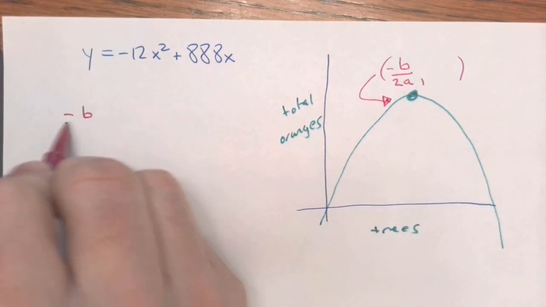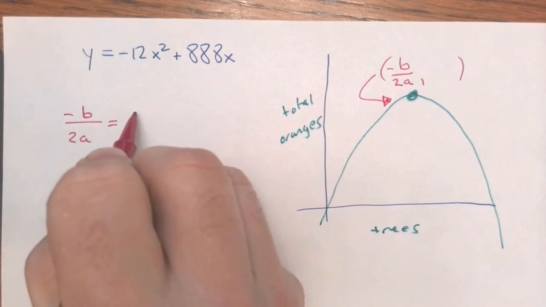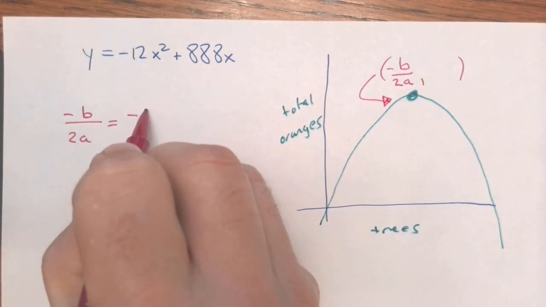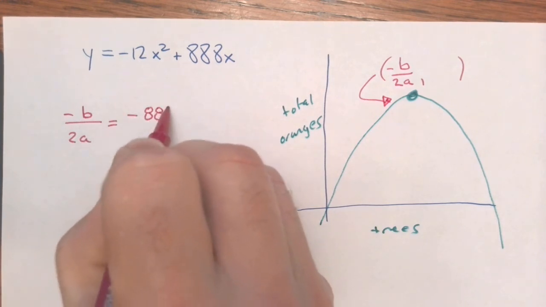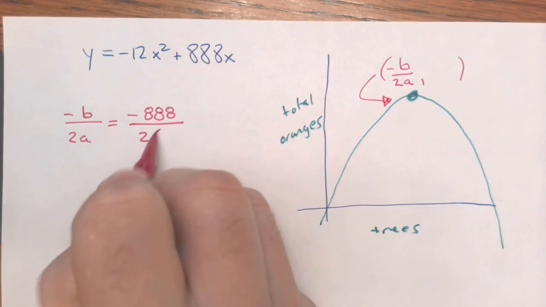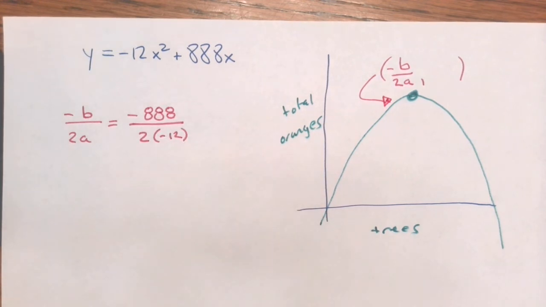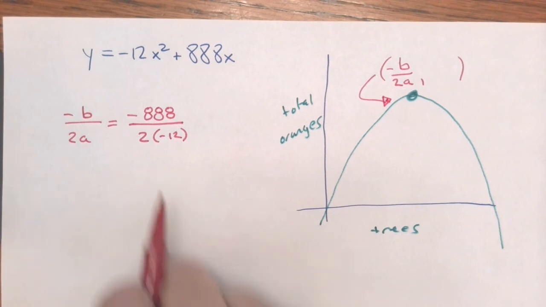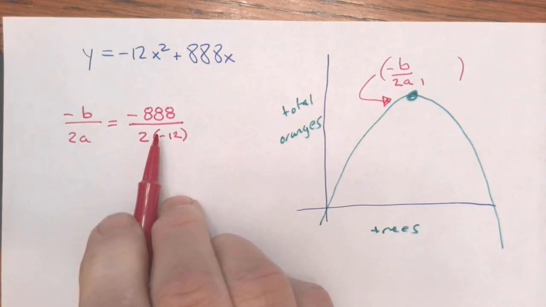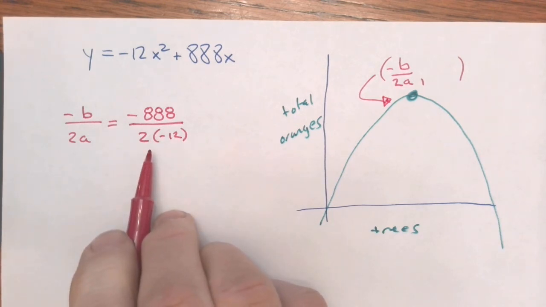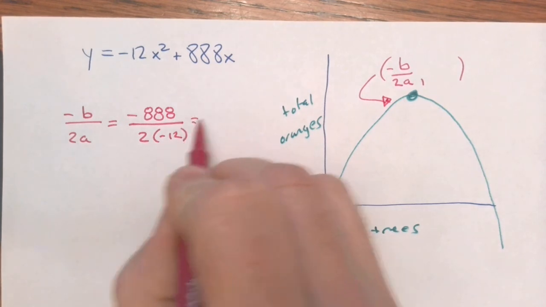So the opposite of b over 2a, that's going to be the opposite of 888 over 2 times a. Negative 888 over a negative 24. If you go through and you divide that out, what you end up with for your x value is 37.